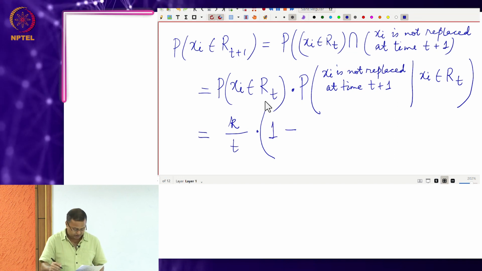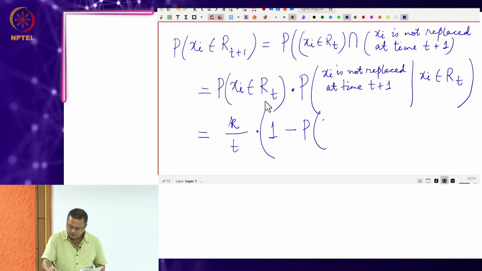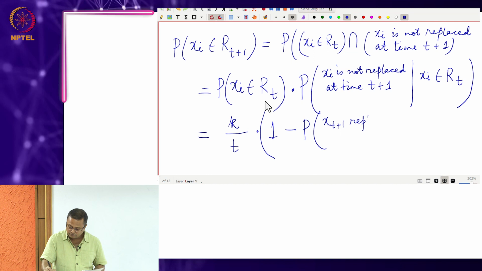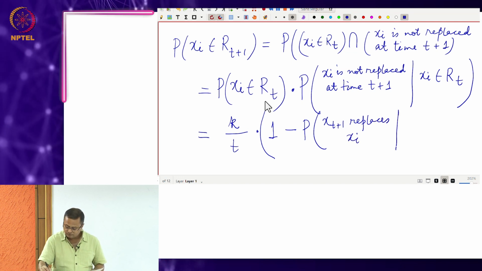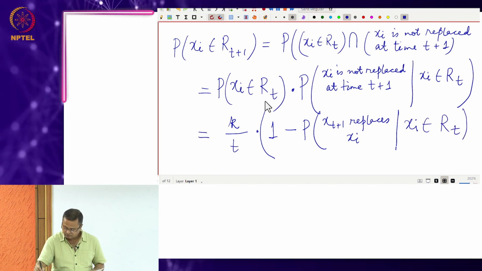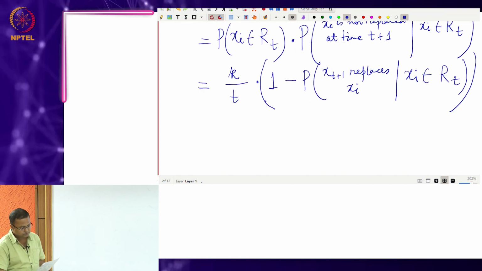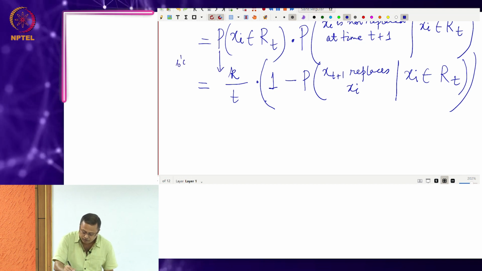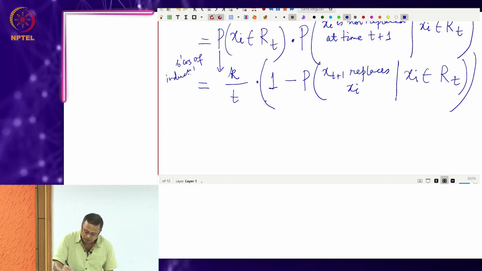So, this is 1 minus probability of replacement, and this is because of the induction hypothesis.